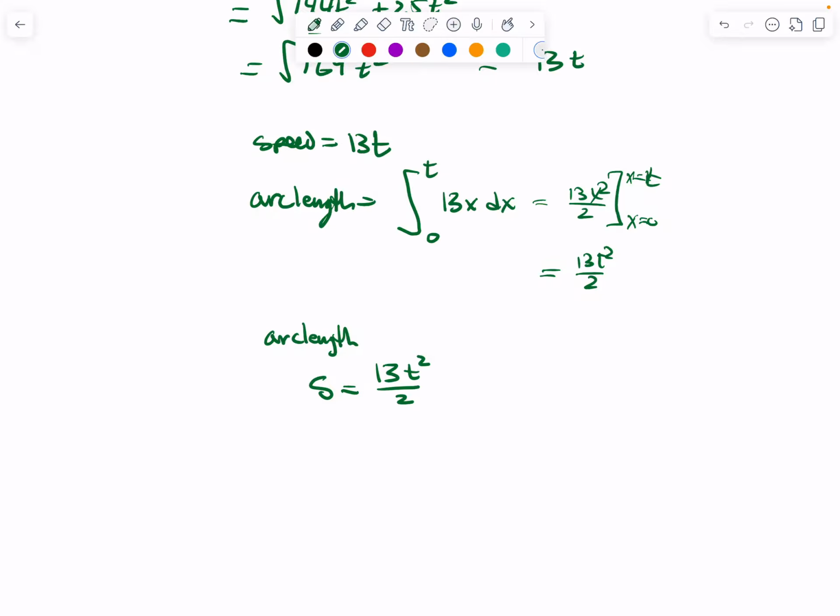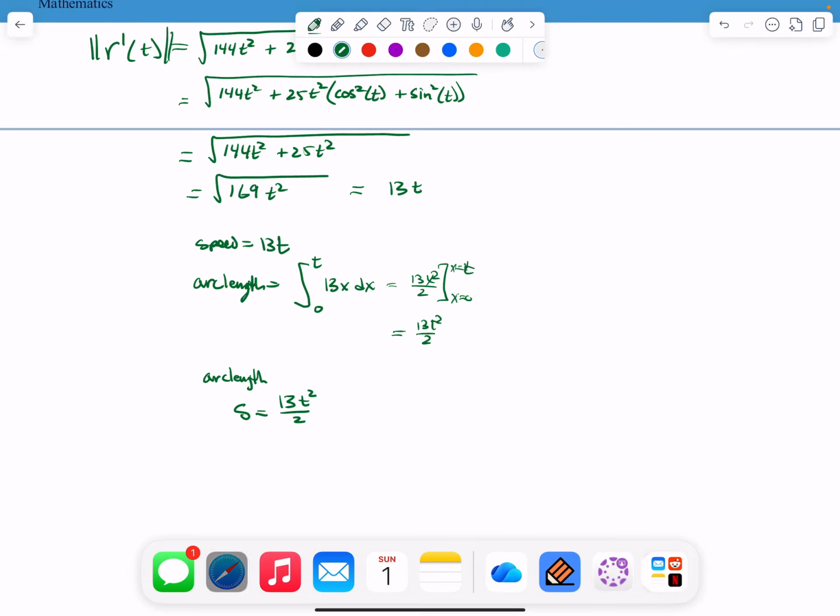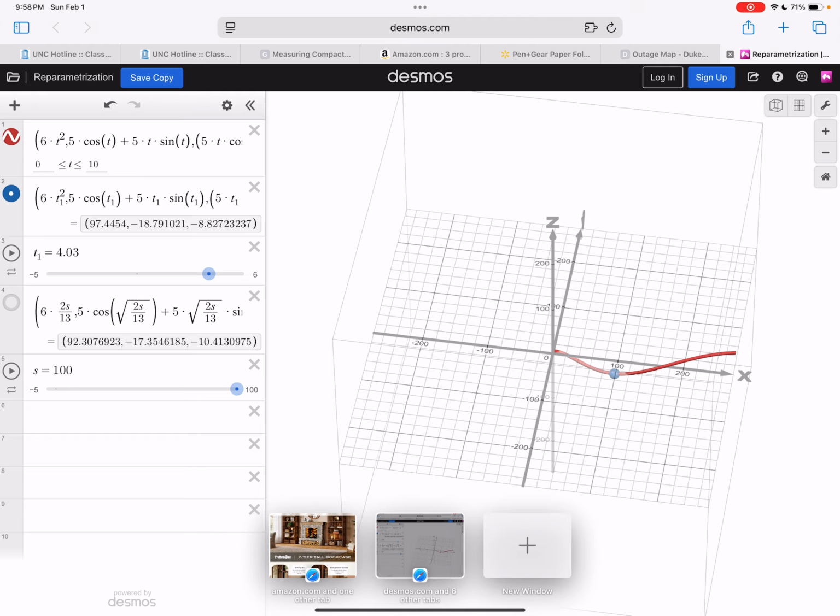If you travel for 2 seconds, you have now traveled 26 units. If you travel for 10 seconds, you have traveled 1,300 over 2, which is 650 units.